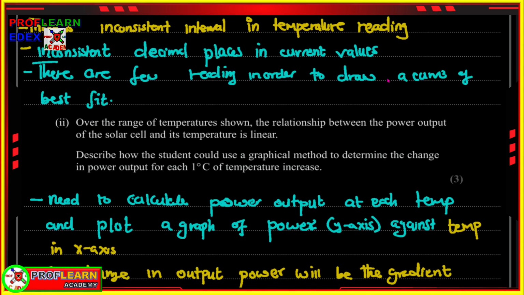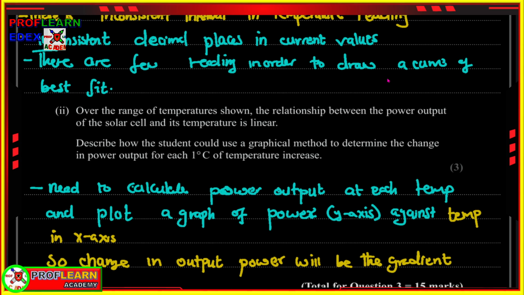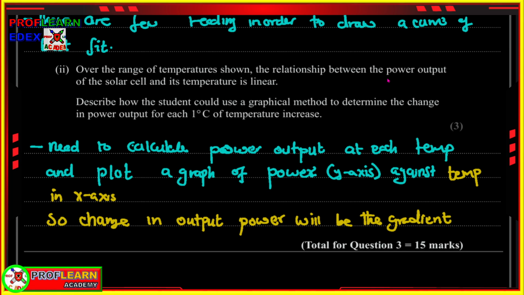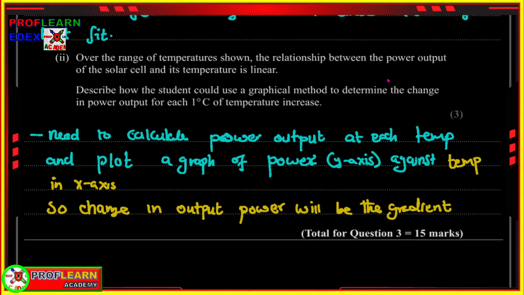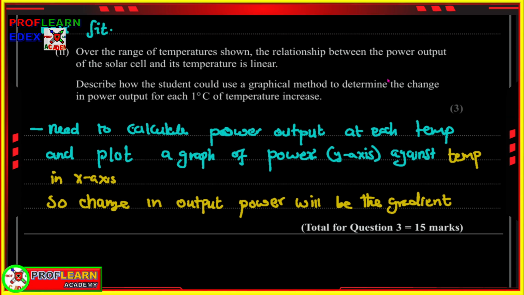Over the range of temperatures shown, the relationship between power output of the solar cell and its temperature is linear. Describe how the student could use a graph method to determine the rate of change of power output. So we're going to say they need to calculate the power output at each temperature and then plot a graph of power against temperature. That is going to be a straight line graph.